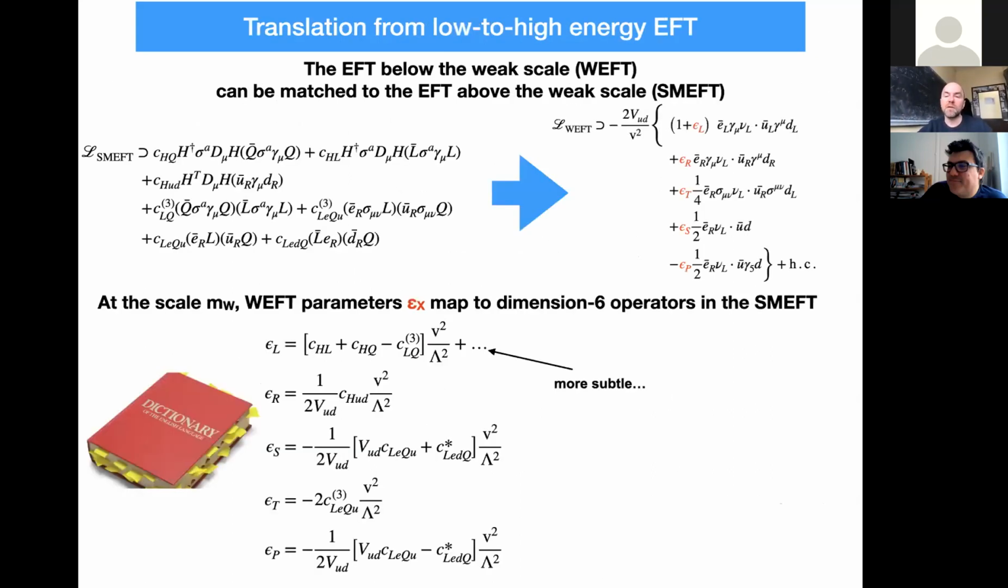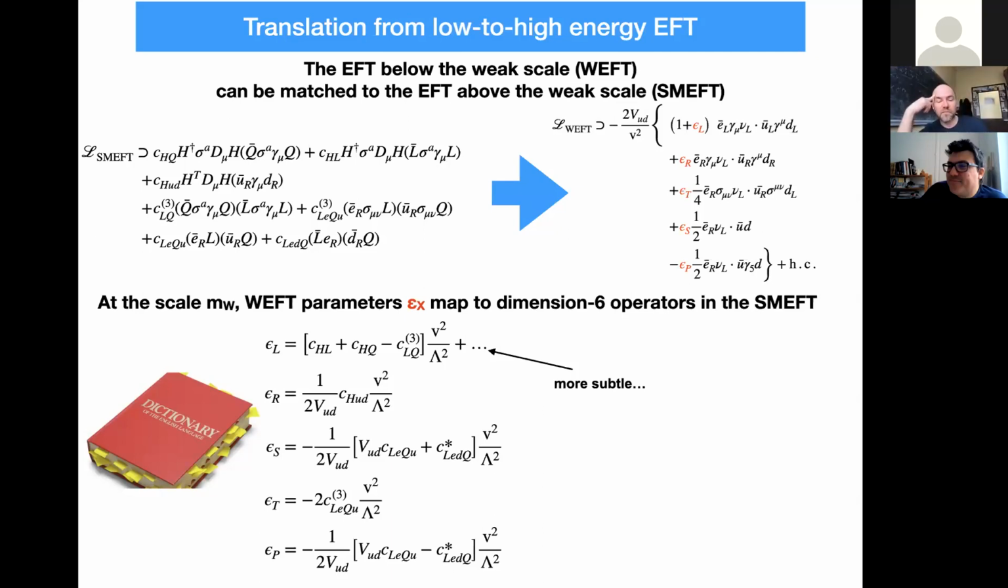Now you can also make a map between the low energy effective theory, which is WEFT, and the high energy effective theory, which is SMEFT. So the interactions in the SMEFT and the interactions in the WEFT map into each other. You can relate the parameters in one theory to the parameters in the other theory, and at tree level, the dictionary between the parameters is just shown here.